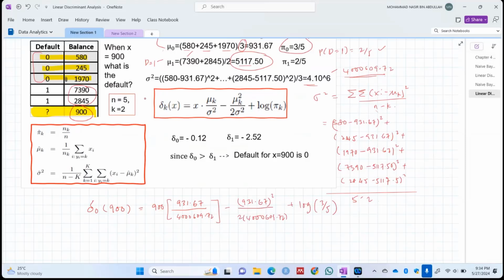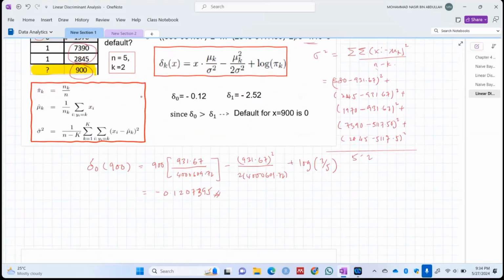So you will get negative 0.1207395. Please do the calculation and confirm the value. This is the first one.